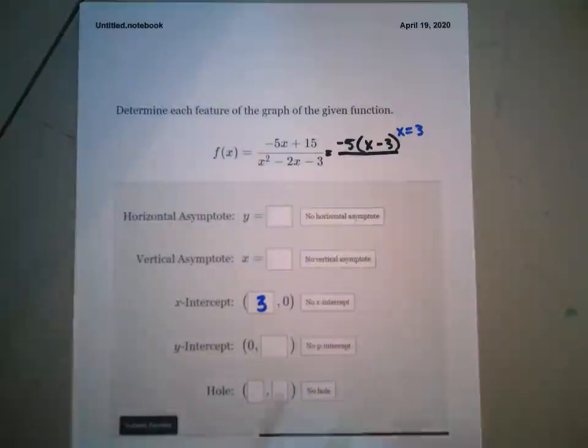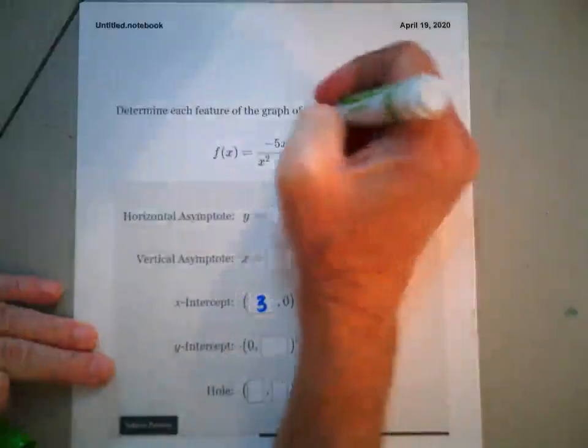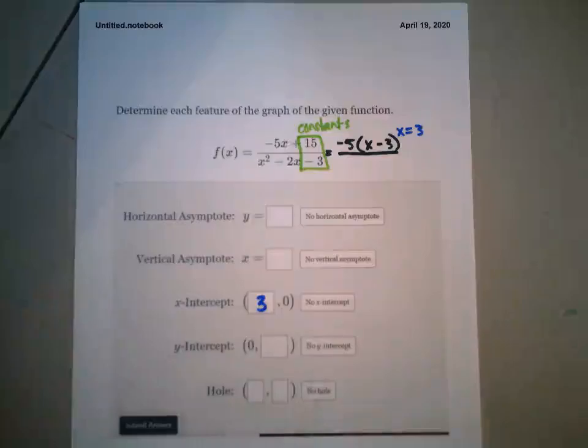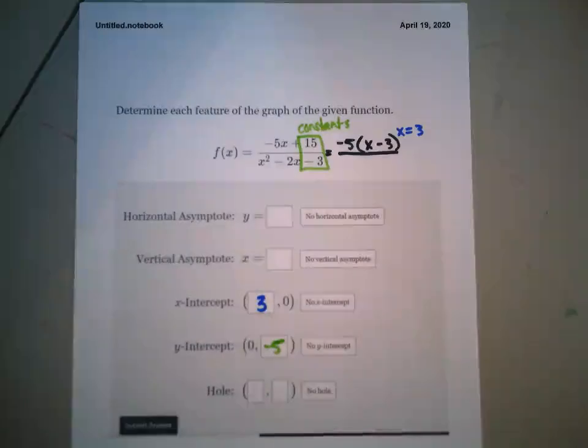The constants are right here. These are your constants. When we divide 15 by negative 3, you get negative 5, and that's going to be your y-intercept. So far, we're moving through this pretty quickly.